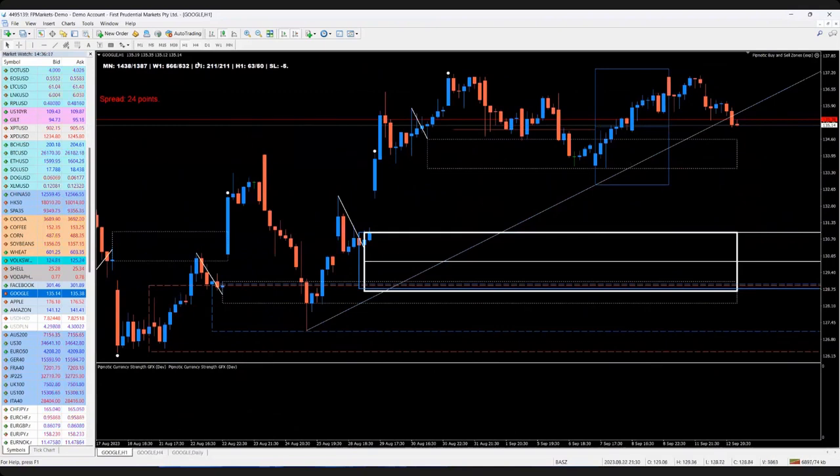Okay, but we do have this down here, which could be an interesting place to buy a little bit, providing that the spreads stay small. Just here, we'd close that gap as well. So price would come back and close the gap that we formed here. I like that.